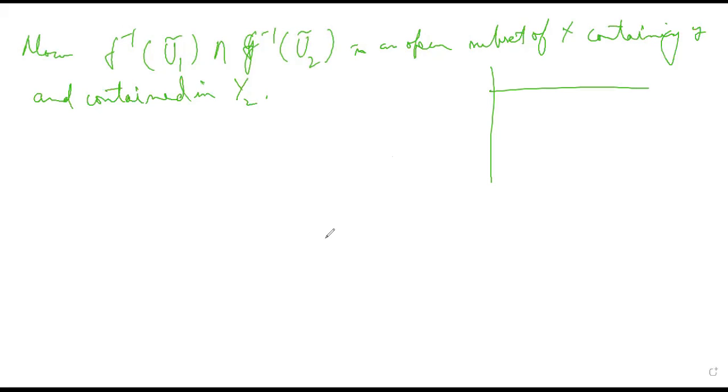So why is it contained in y2? Suppose that there is a point y naught in this intersection which is not in y2, right?